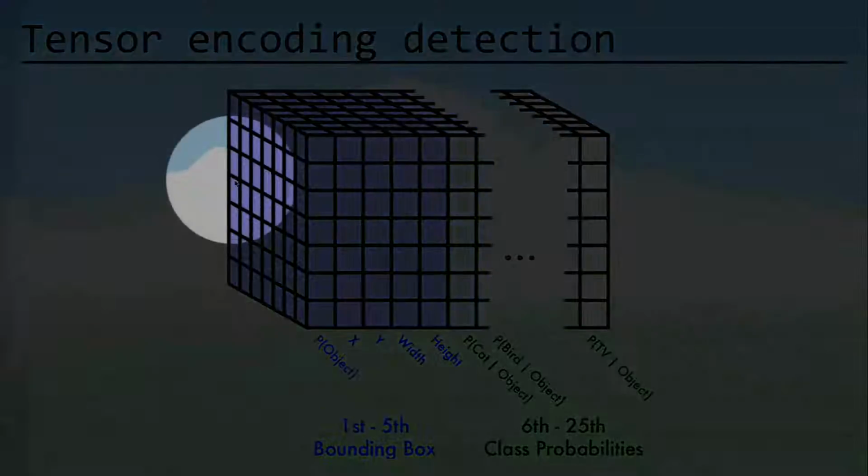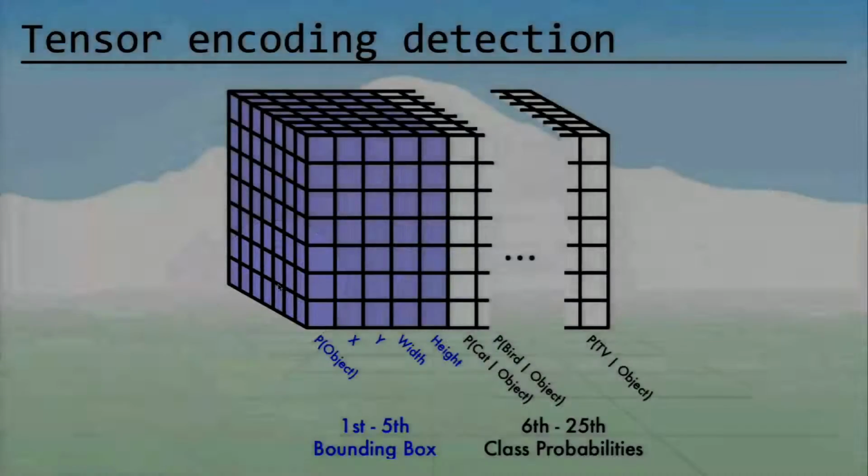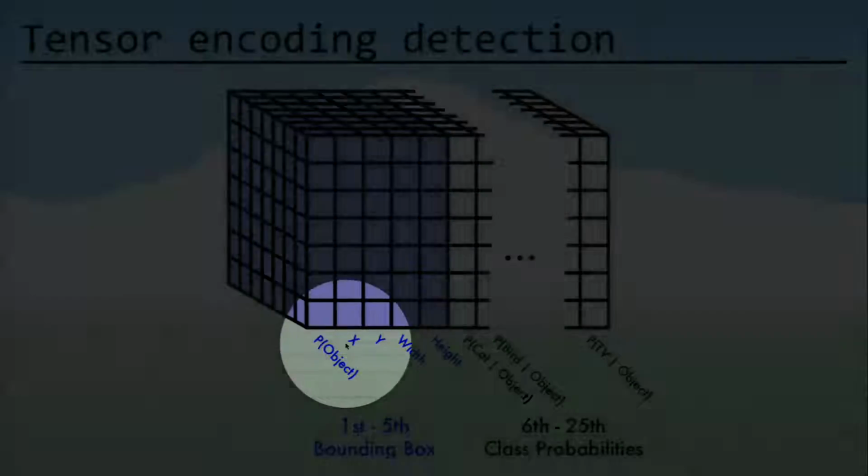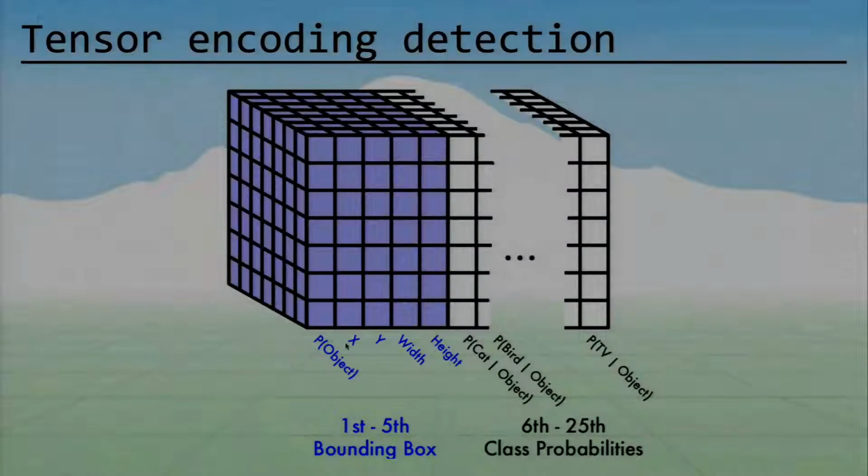So the first channel will be just our confidence or our objectness predictions. How likely is this cell to contain an object, or to be predicting a bounding box for an object? The next channels that we have in this tensor are just going to be our bounding box coordinate predictions. So it's going to be our standard x, y coordinates and width and height.